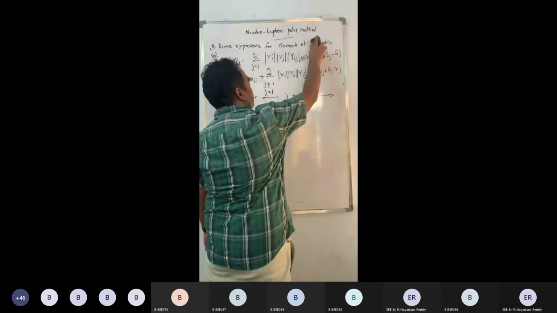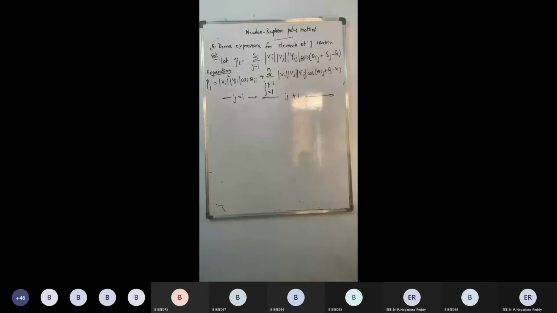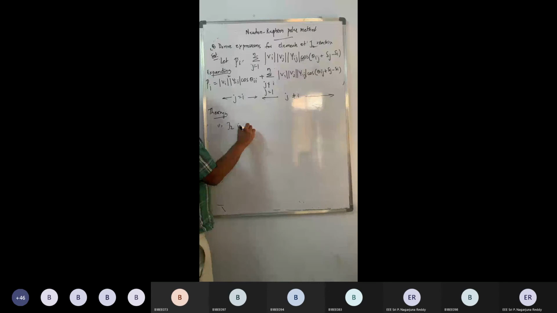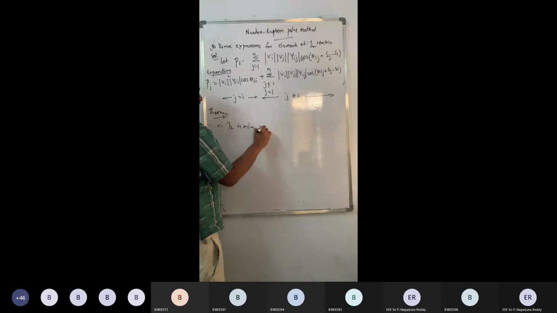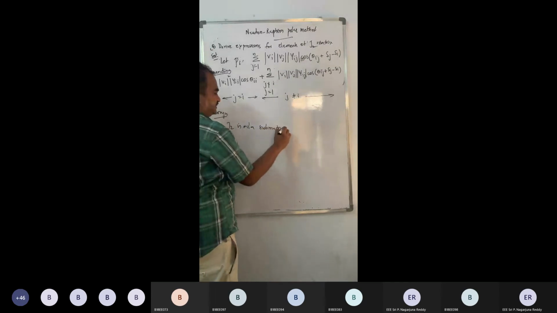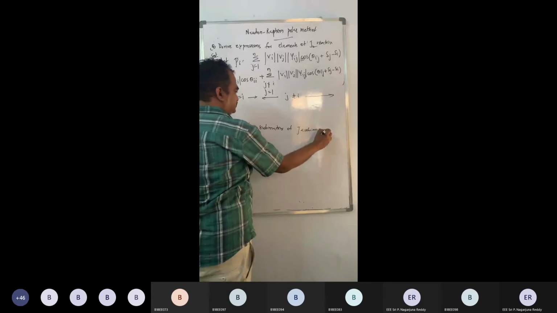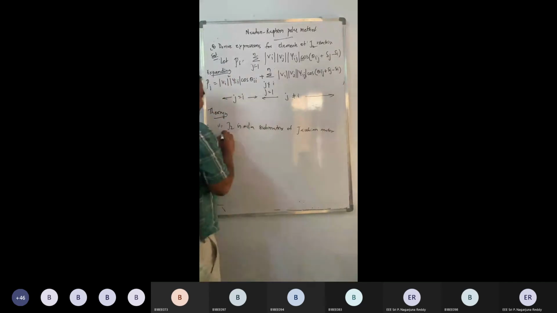Now, I'll move to the J2 matrix. So, first of all, let me write the theory part. J2 is also a submatrix of the Jacobian matrix. And what is the order of J2, guys?